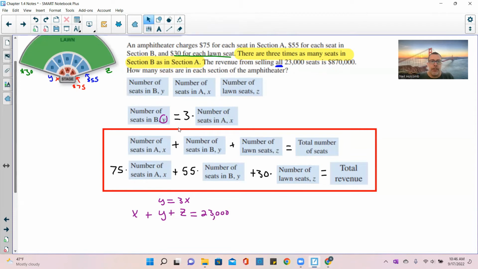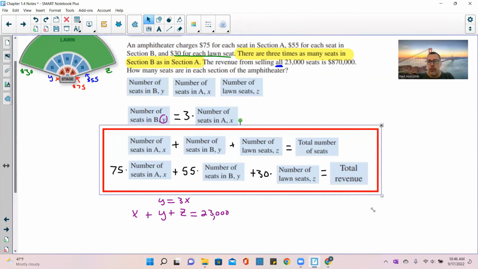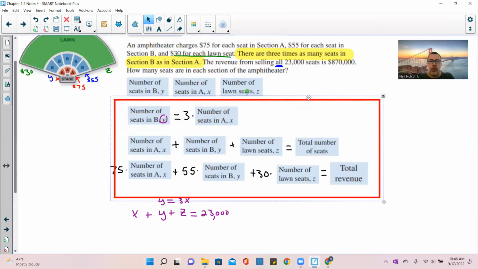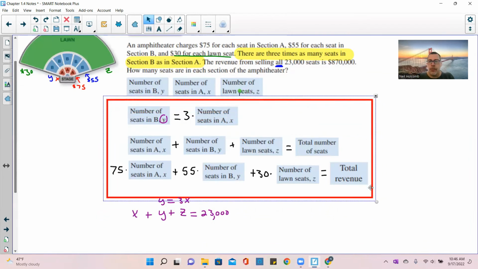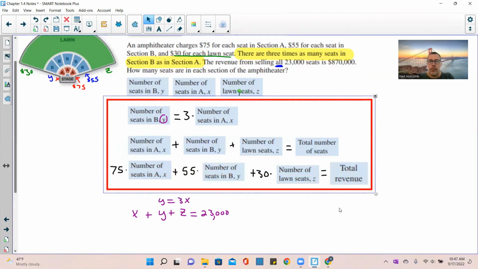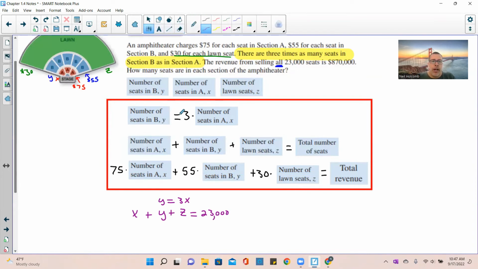So actually, I should have this moved up to our three equations. Let me erase this. All right, Y equals 3X. X plus Y plus Z equals the total number of seats, 23,000.